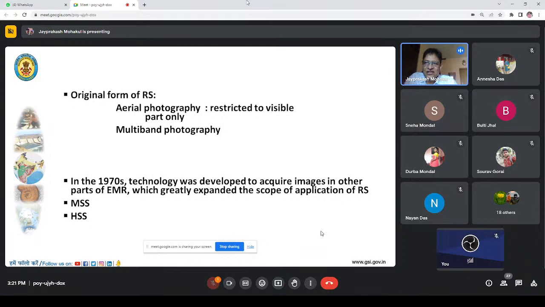So sensors are the solid state detectors, or charge coupled devices. They're basically known as CCD, charge coupled devices, right? In the 1970s, during that period, these sensors were developed.